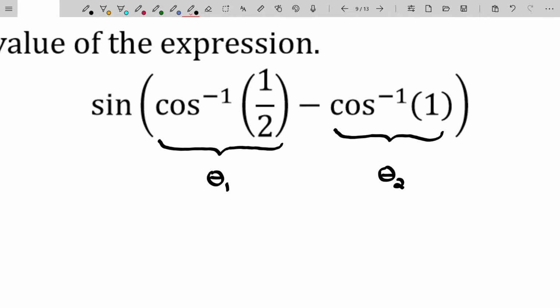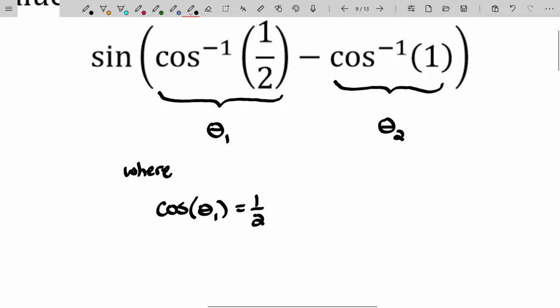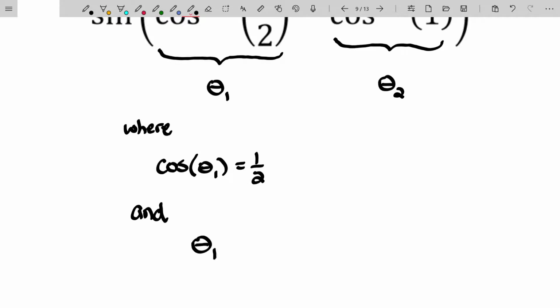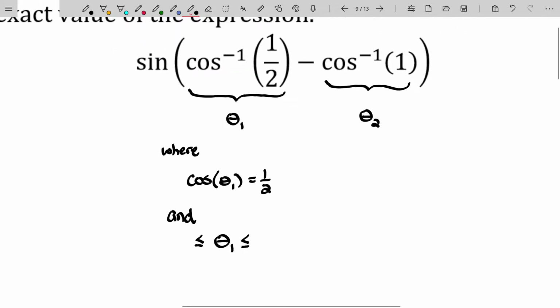So I'm going to say where cosine of theta 1 is equal to a half, and more importantly, theta 1 is between, well, let's think about what we're dealing with. We're dealing with the cosine inverse. Cosine inverse returns angles between 0 and pi.